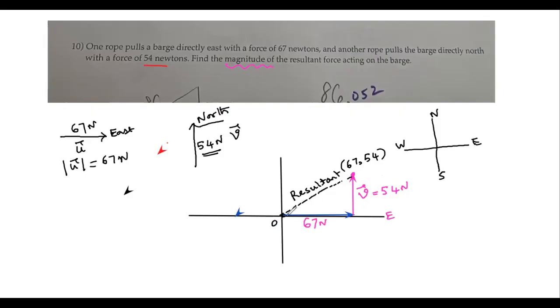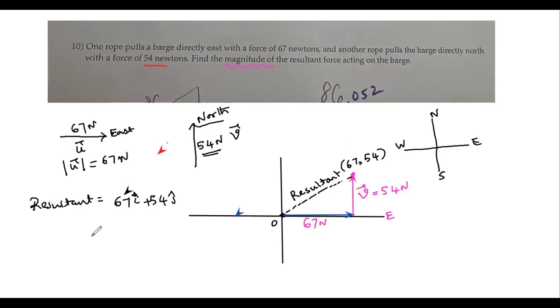From the origin, the starting point, you made a movement of 67 newtons in the x direction and 54 newtons in the y direction, that is, the north. So whenever you say the resultant, you just add these two vectors, U bar plus V bar. The resultant is 67 i plus 54 j.